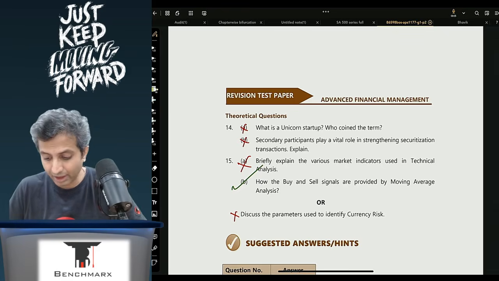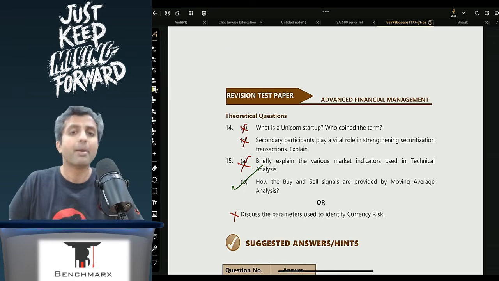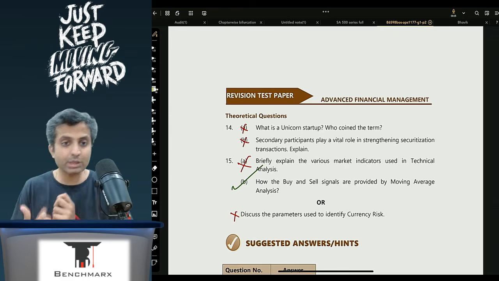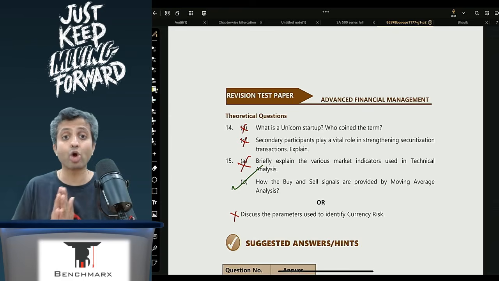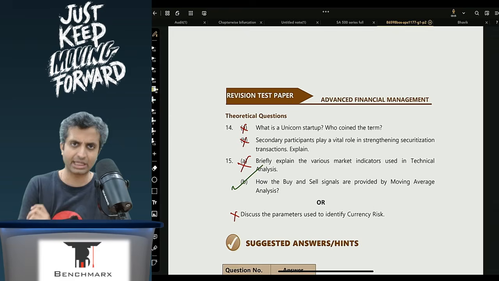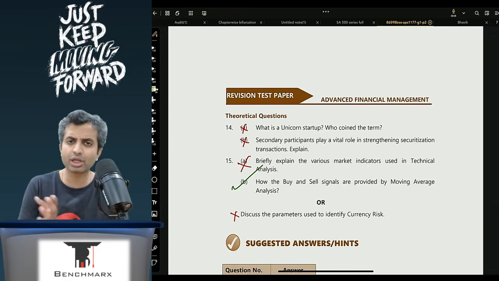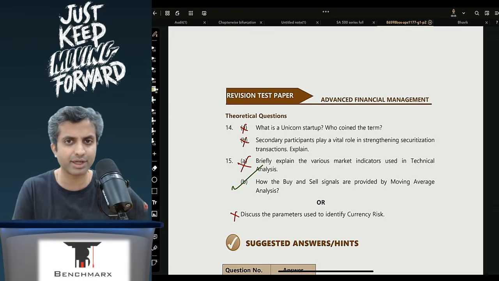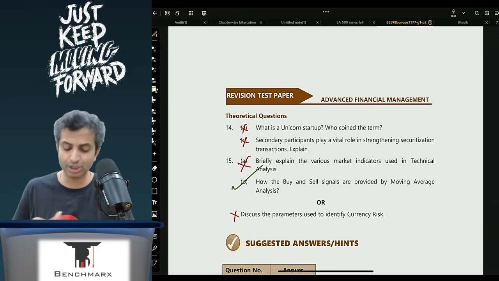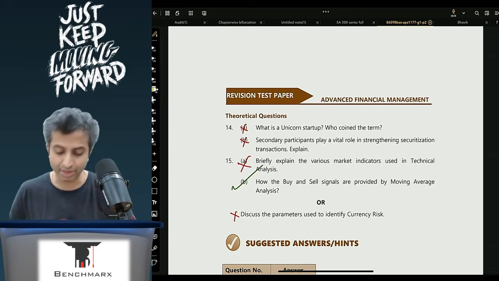On this, a brief analysis of market indicators used for technical analysis, again something which is done, like a breadth index, etc. Now there is a question on the numerical side on exponential moving average, and at the end they tell you to figure out a buy or a sell signal. So one of the ways is given over here, but in this theory question there are a few other ways which are also relevant from a theory standpoint. So maybe you can just review this. Again, parameters used to identify currency risk, which is there in the risk management chapter.